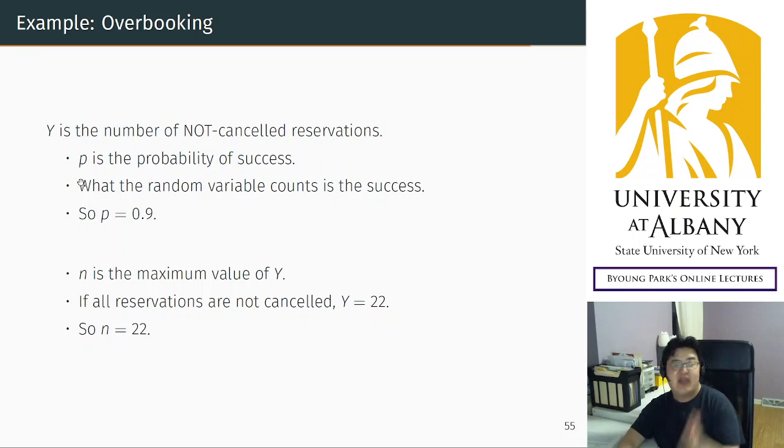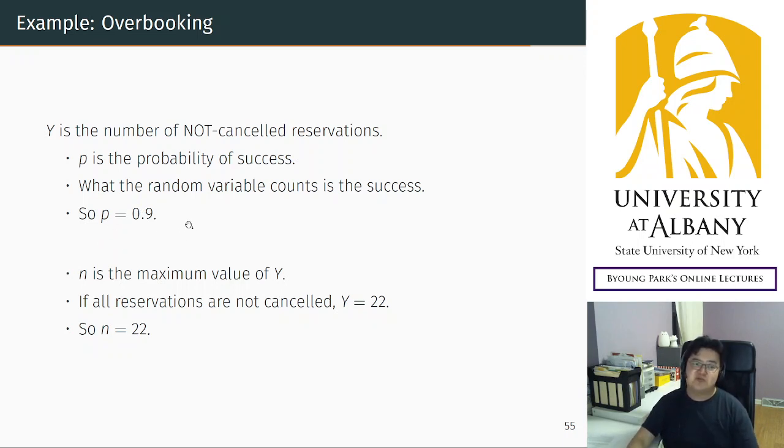And remember, P is defined as the probability of success, and I said success is non-cancellation, so P is the probability of non-cancellation. You get it? So simply speaking, you have to realize what you count. In here, you are counting non-cancellations, and P is the probability of that, right? It is 90%.